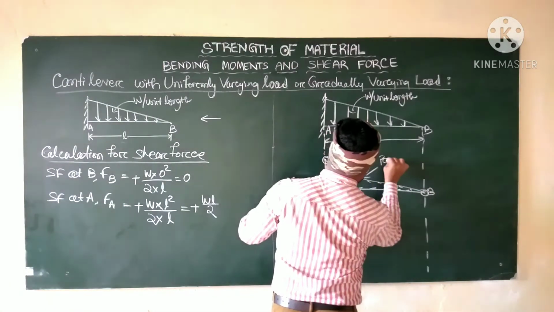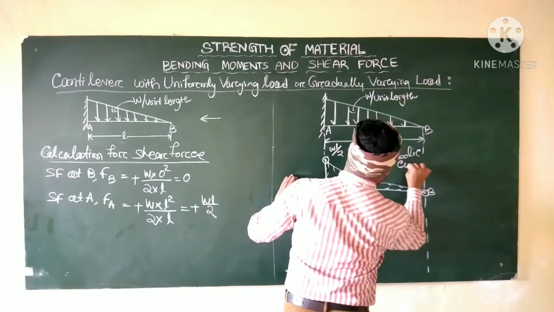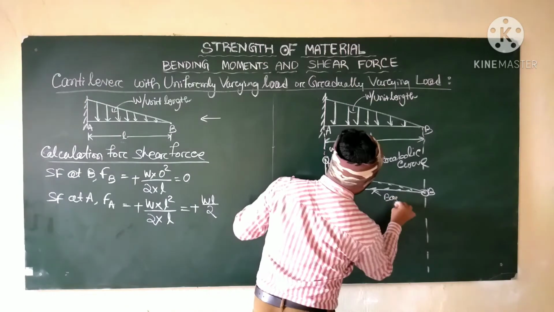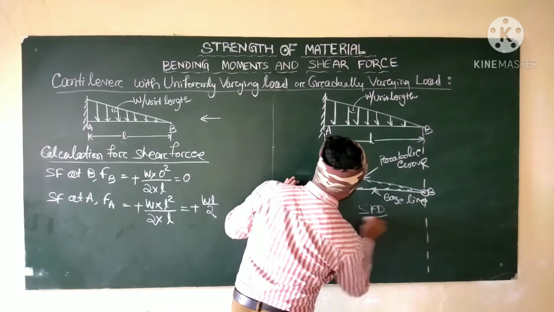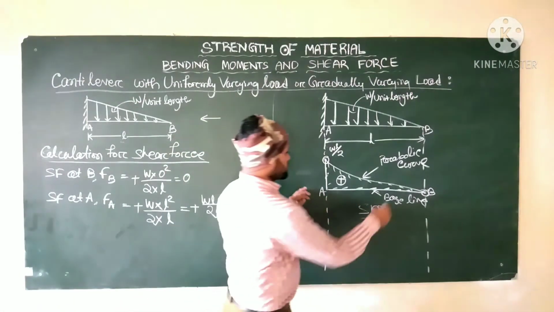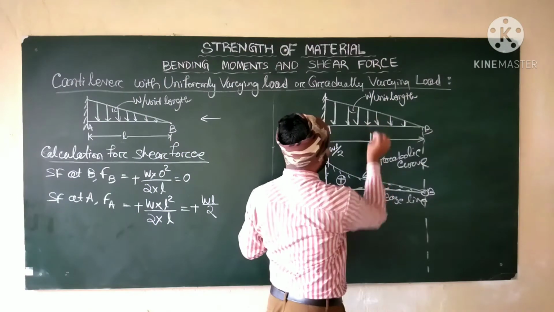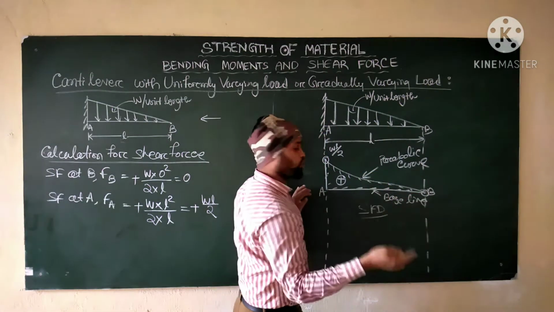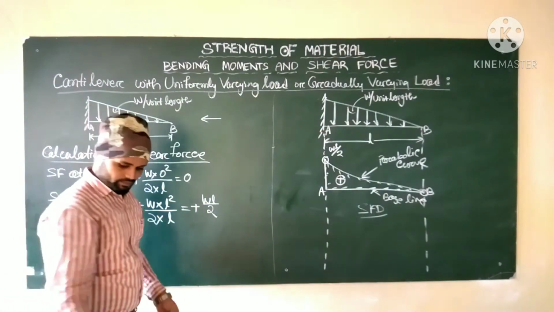Here is the parabolic curve, and this is the baseline. The shear force goes from 0 to plus WL by 2, and as it is a uniformly varying load, the line becomes a parabolic curve. After that, we will calculate the bending moment.